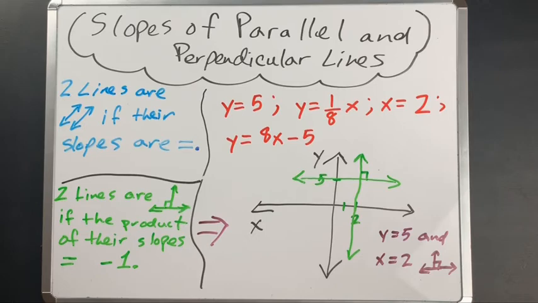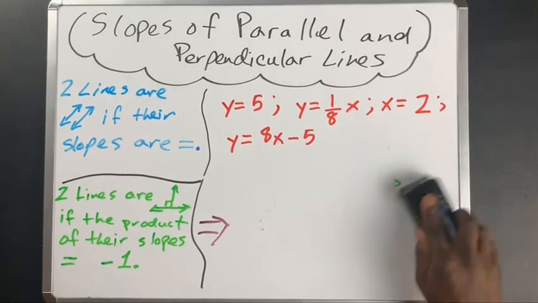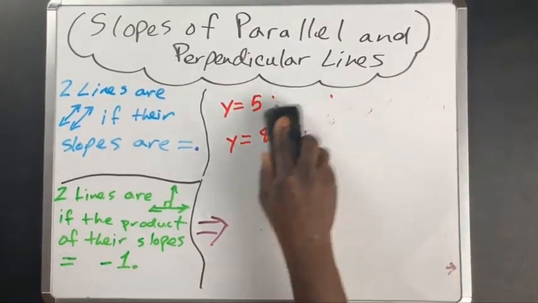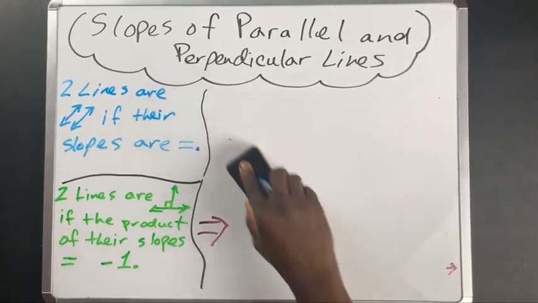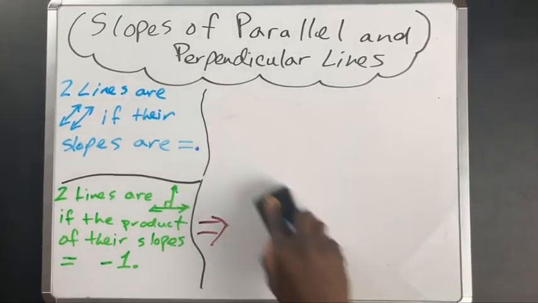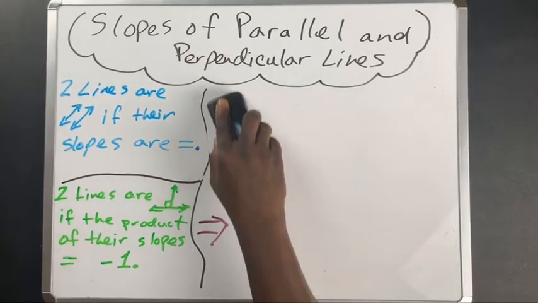Okay, I want to do one more and show you how you can identify the slopes where their products are -1 to prove that the lines are perpendicular. So let me clean this up a little bit.